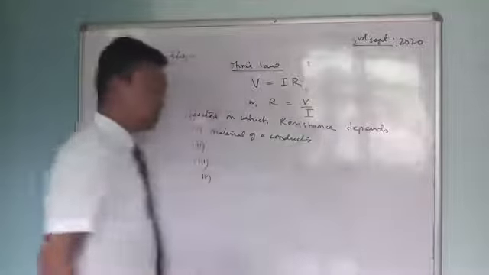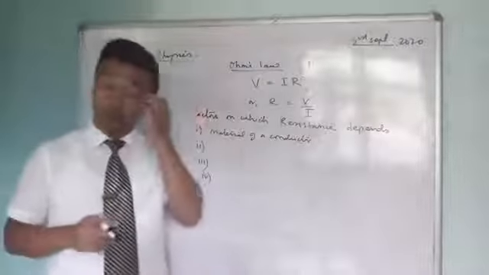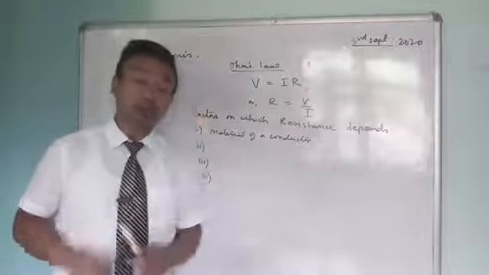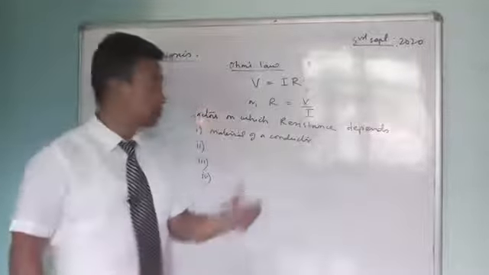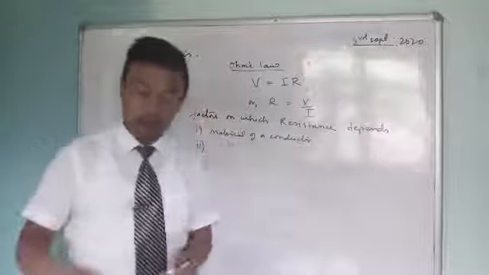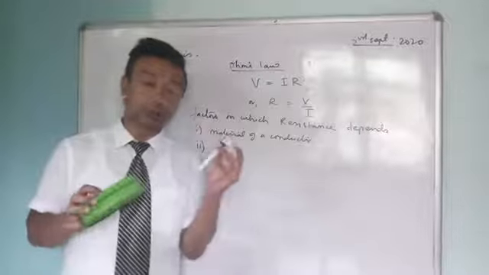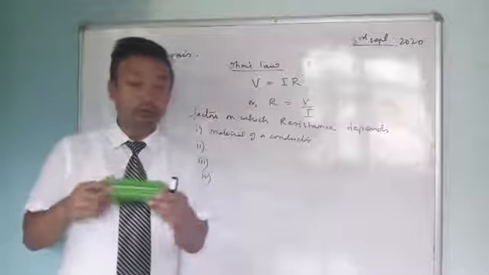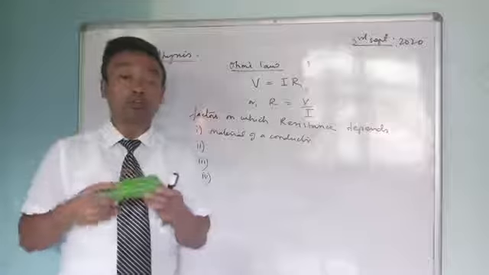We know that conductors are basically classified into two types, the good conductors and the bad conductors. Bad conductors are also referred to as insulators. In a good conductor, there will be a large concentration of electrons.